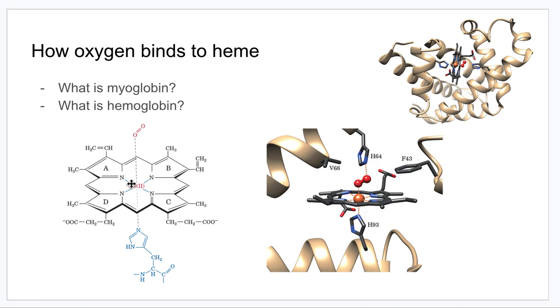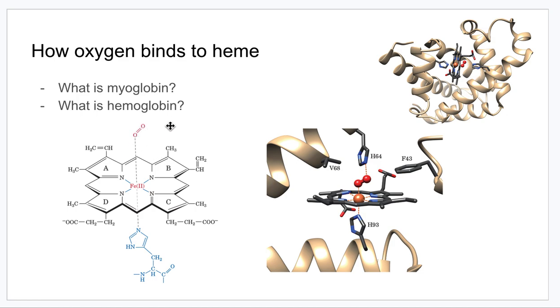Here's a breakdown of that hemoglobin molecule. You can see that you have iron situated right here in the middle of the protein, and that is what is responsible for binding to oxygen up here.